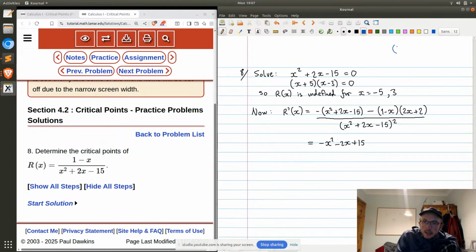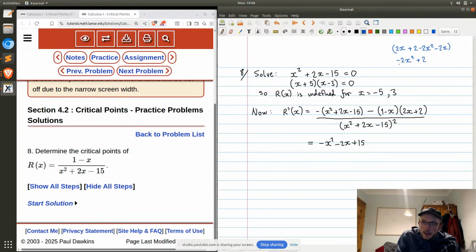So what I will get is 2x plus 2 minus 2x squared minus 2x. And that amounts to minus 2x squared. Those will cancel out, and then I get a plus 2.